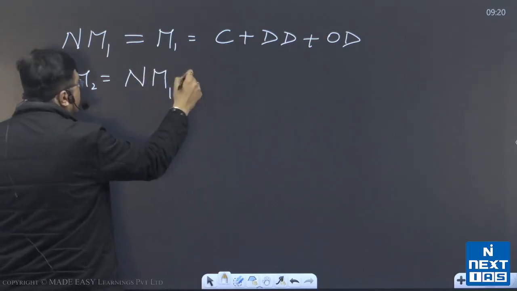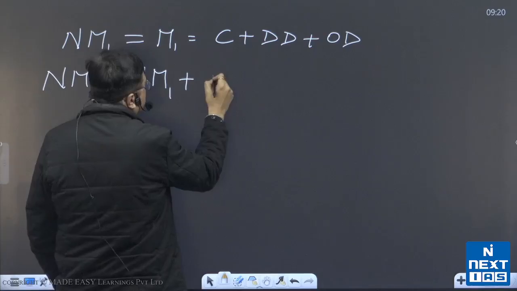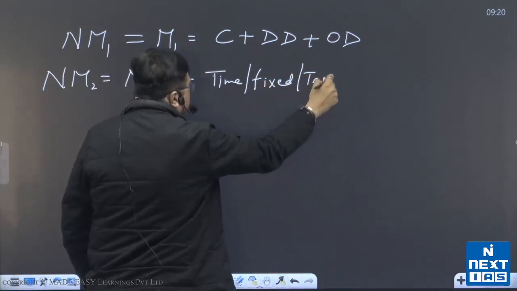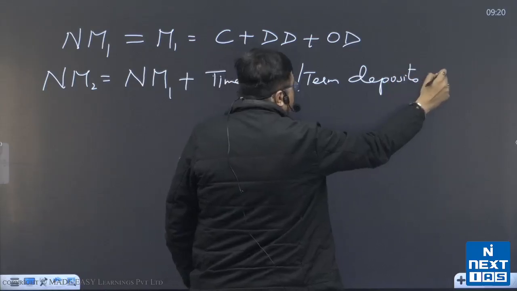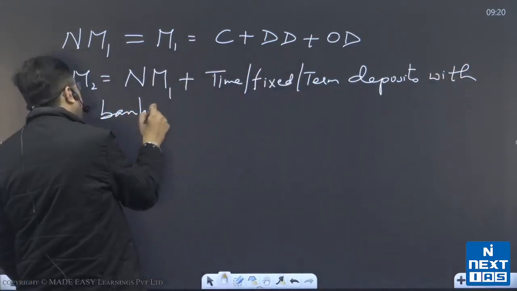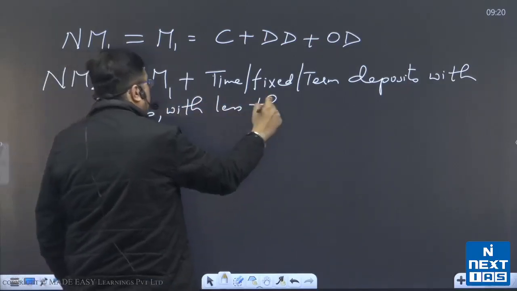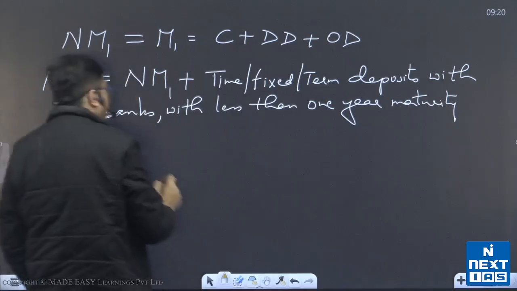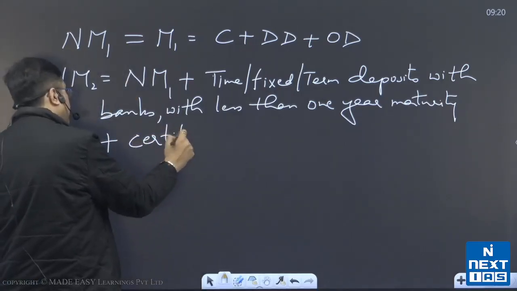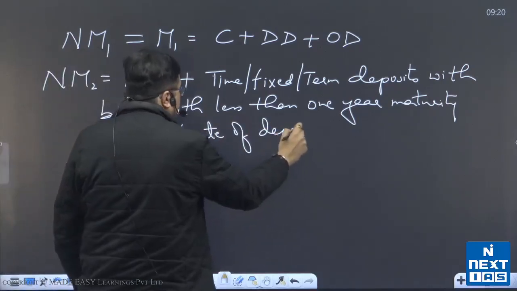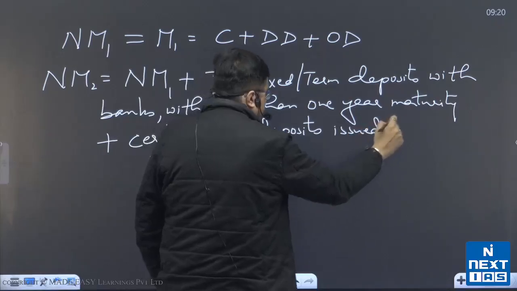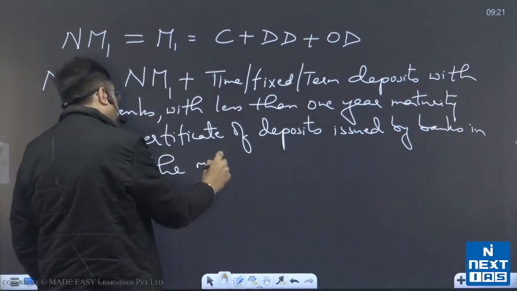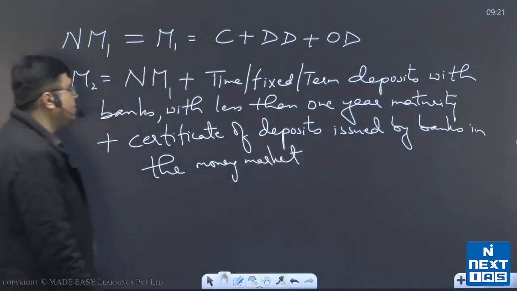NM2 is NM1 plus time or fixed or term deposits with banks with less than 1 year maturity plus certificate of deposits issued by banks in the money market.